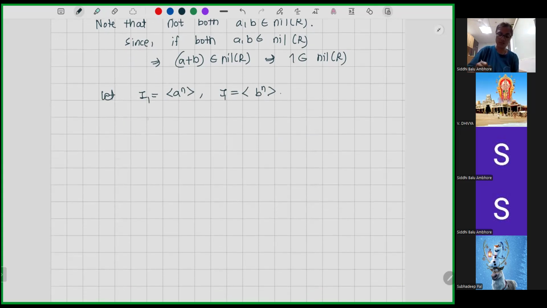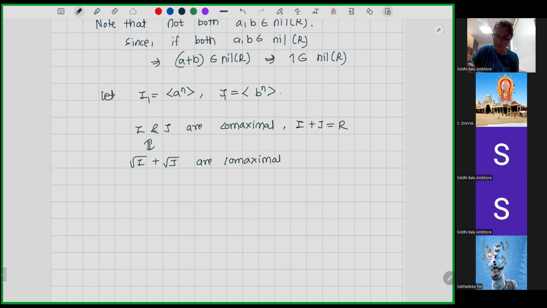I and J are co-maximal. Co-maximal means I plus J is equal to R if and only if their radicals are co-maximal. This result you can check.